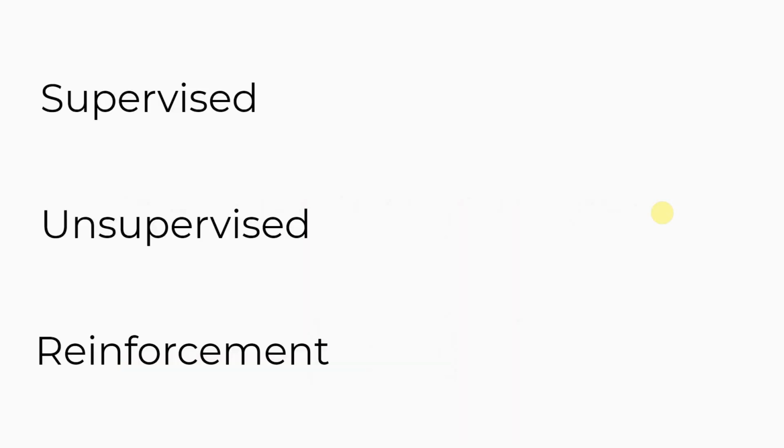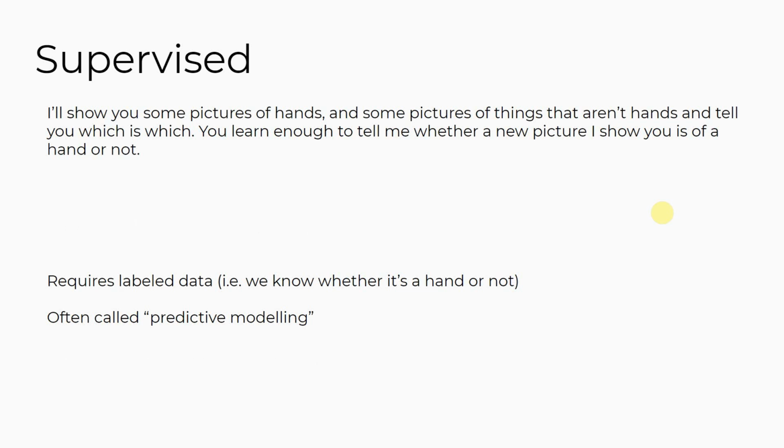There's 3 types of machine learning. We're going to do some supervised machine learning today. You could also do unsupervised learning, or we could talk about reinforcement learning. We'll talk a little about what each of these mean. So supervised learning means that we're going to give the computer some data and we're going to tell it what it is, and we're going to allow it, by learning from what is in the data, to figure out what the outcome is.